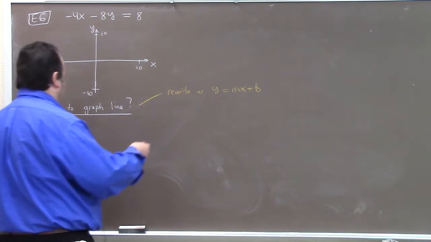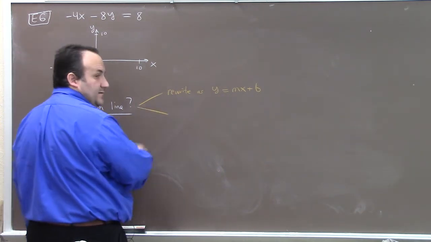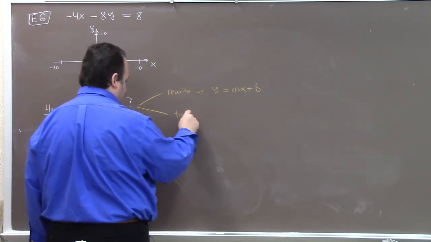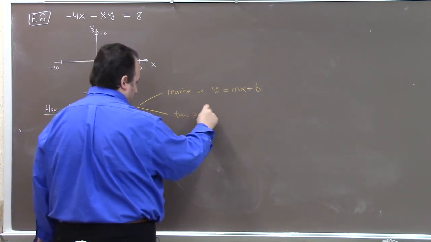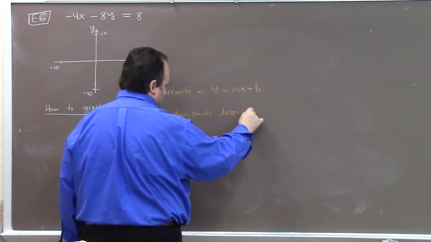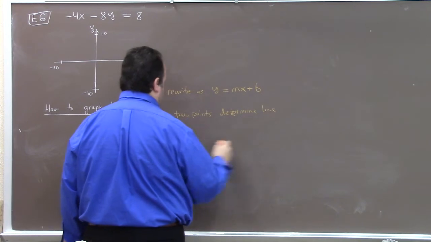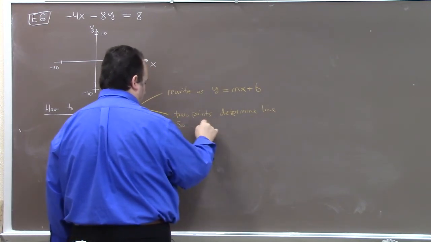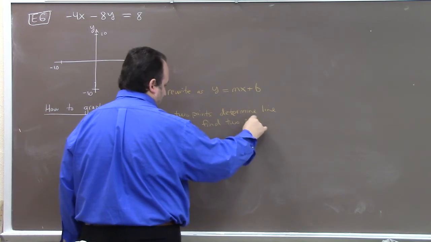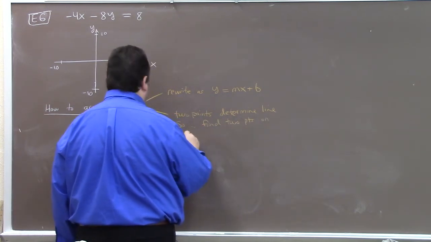The other way, though, which is lazier, is if we're graphing, 2 points determine a line. So find 2 points on the line, and graph.